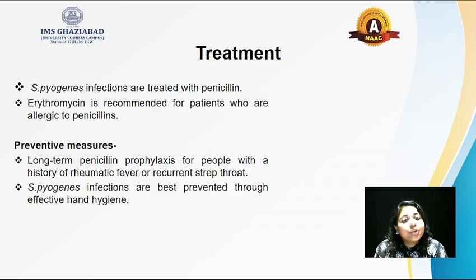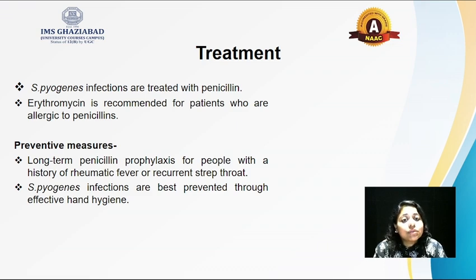Then coming to the treatment. As it is a generalized lecture, it covers the baseline treatment if a streptococcus infection is affecting an individual. Mostly it is treated with penicillin.